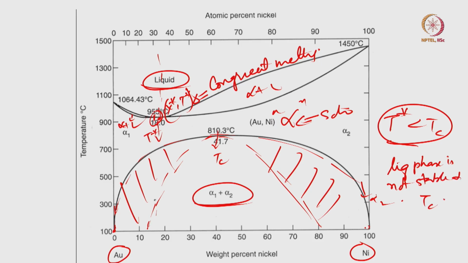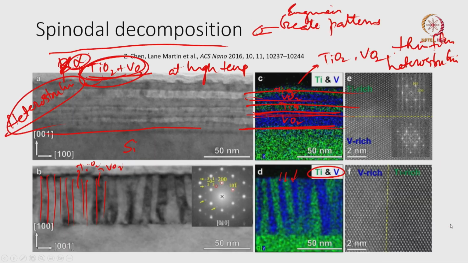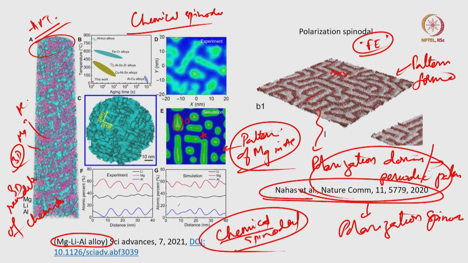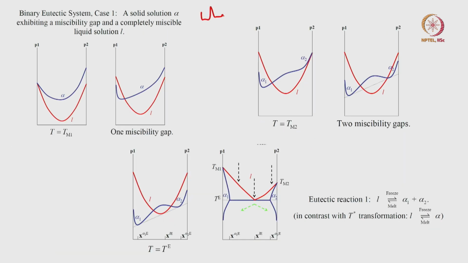The liquid phase completely converts to solid even before Tc. Now we are going to do the other condition. What happens if Tc is less than T star? Or in other words, the solid spinodal, the alpha spinodal decomposition, appears even much before the liquid can completely disappear.